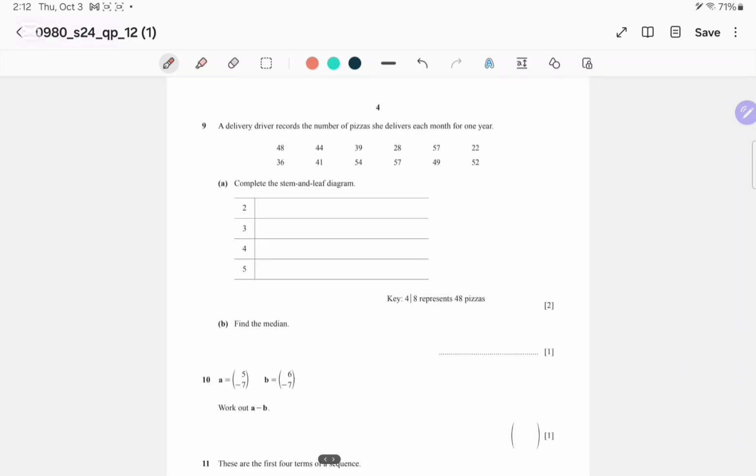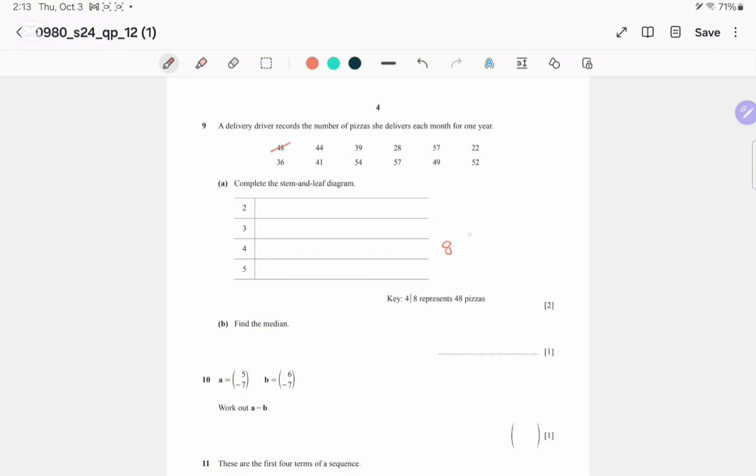Next question. It's a very simple question. The ninth question is a stem and leaf diagram. How to write is given at the bottom. Please make it clear and then start writing. I'll write here first and then we will move it there. First one is 48.